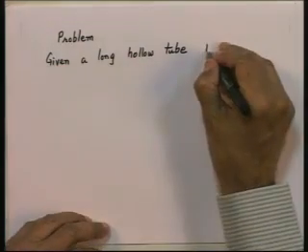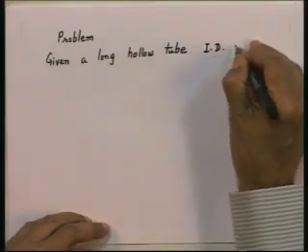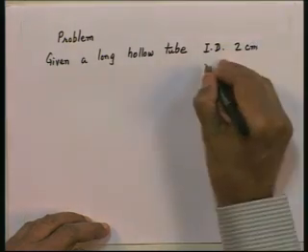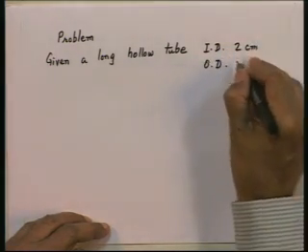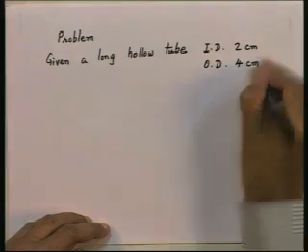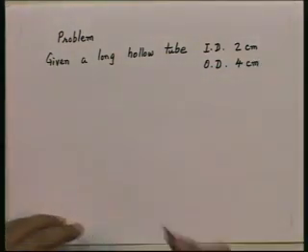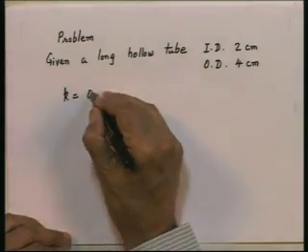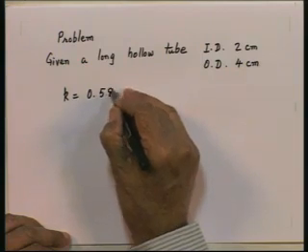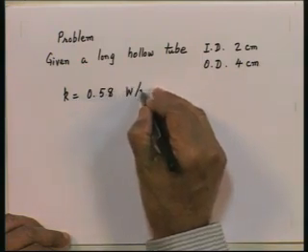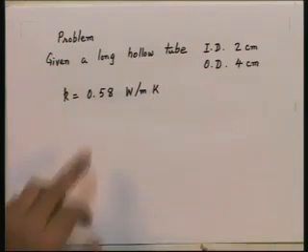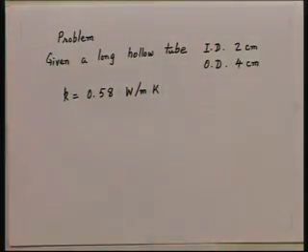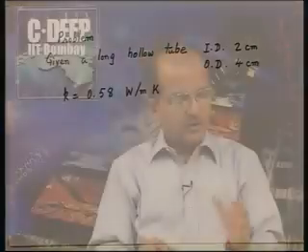Let us say ID, inner diameter, 2 centimeter, outer diameter 4 centimeter. Let us say its thermal conductivity k is equal to 0.58 watts per meter Kelvin. Looking at this value 0.58, I hope you immediately recognize it is not a metal. The tube is made of some non-metallic material, say a plastic or something like that.